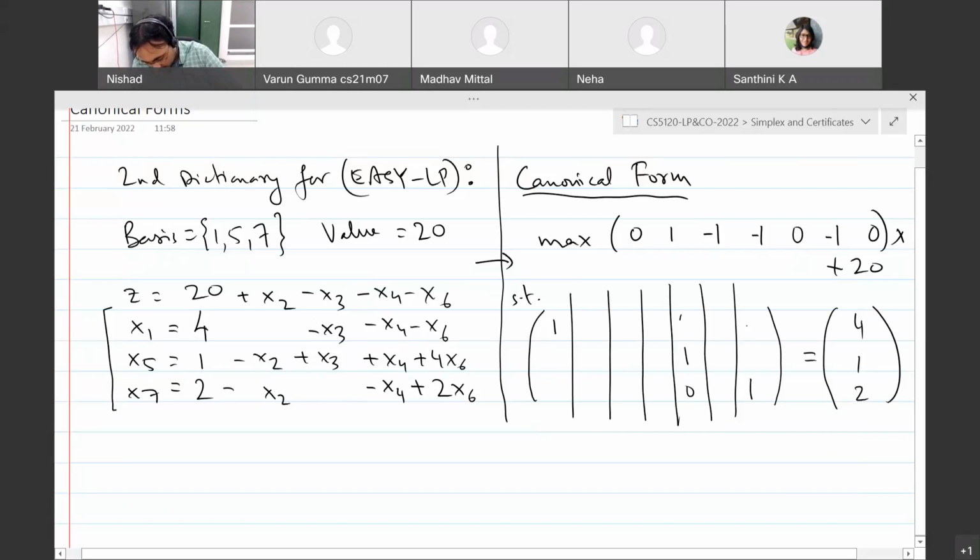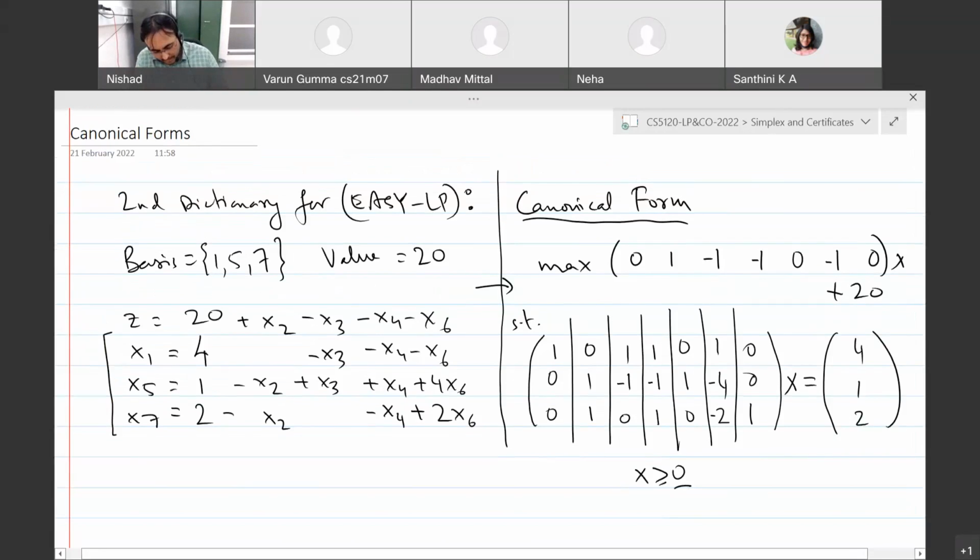And these are our basis columns. And now let's plug in the rest. So I'm just going to copy it down from my notes. So we have 0, 1, 1 here, 1 minus 1, 0, 1 minus 1, 1, and 1 minus 4 and minus 2. Okay, and of course x. So we are going to call this LP in canonical form for the basis 157.